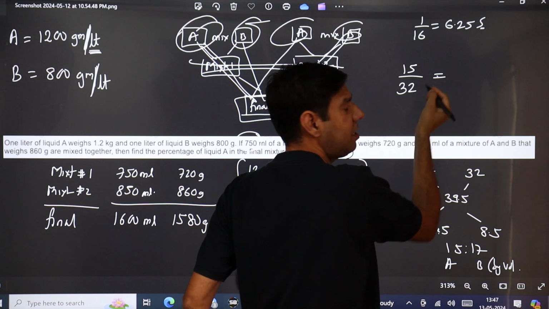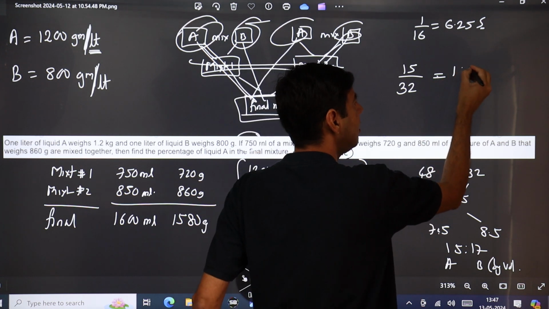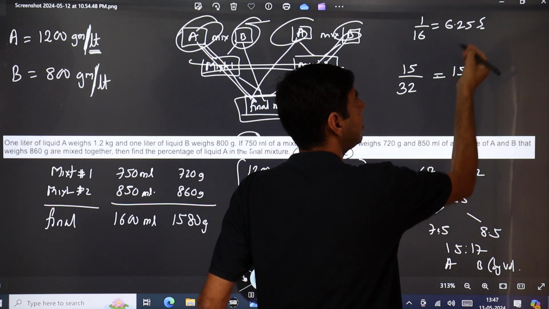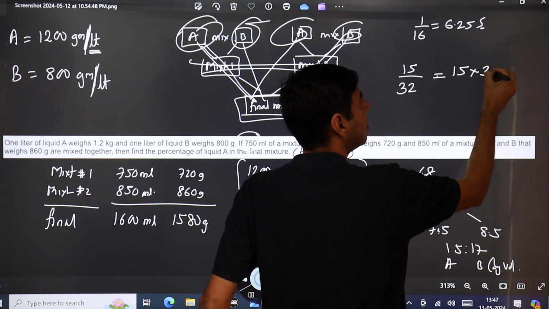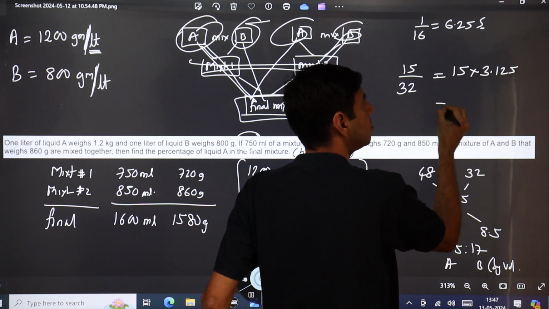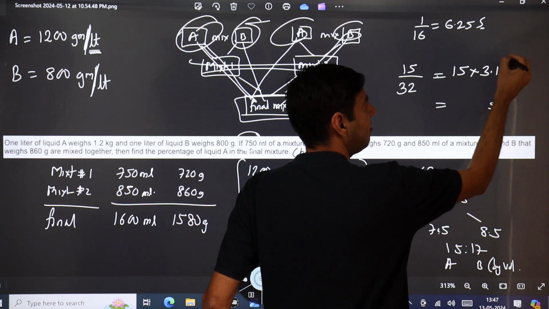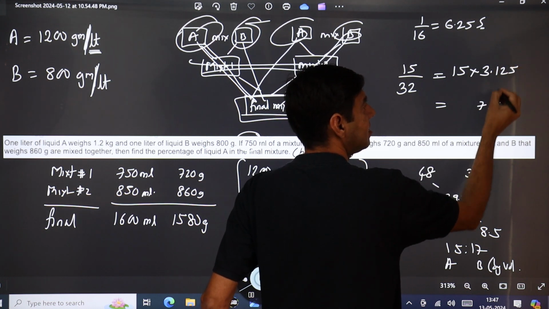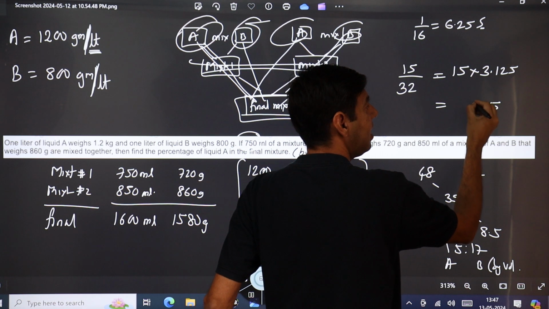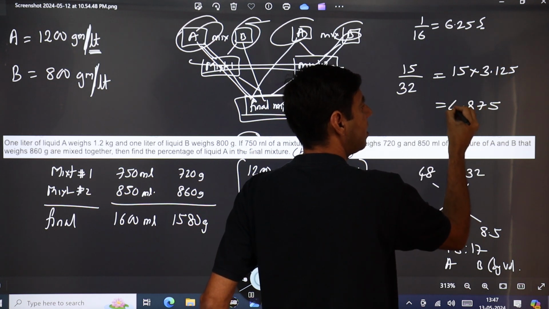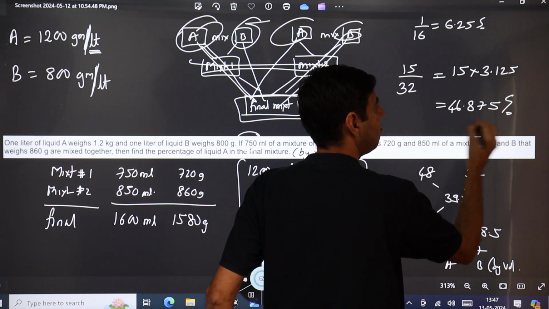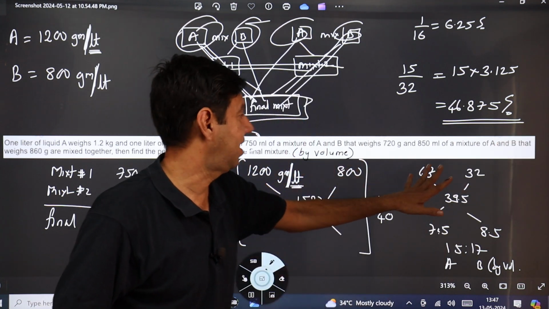So 1 by 32, dividing by 32, is not a very difficult task, especially like this. You just multiply it by half of that, 3.125. So 15 5s are 75, 7, 30, 37, 3, 18, 1 carryover, 46.875 exact is the percentage that is needed.